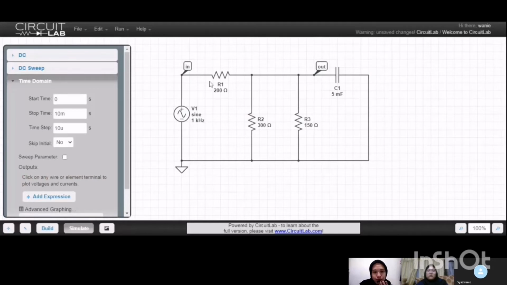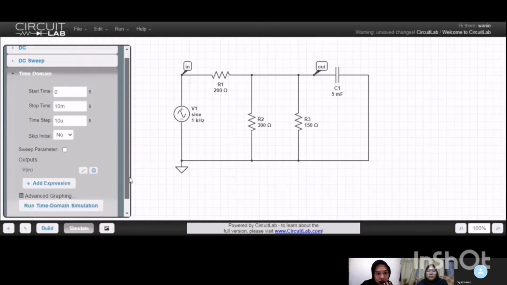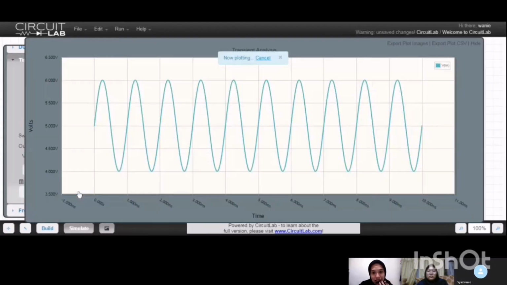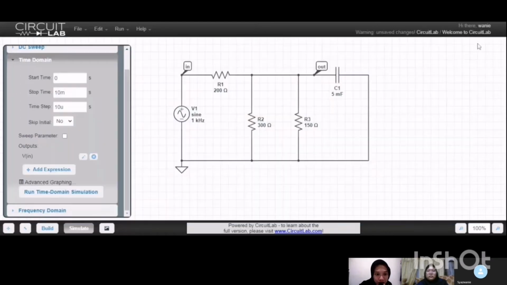We will determine the input waveform first. Click add in box. Now run the time domain simulation, and we will get this input waveform. Now let's look at the output waveform.